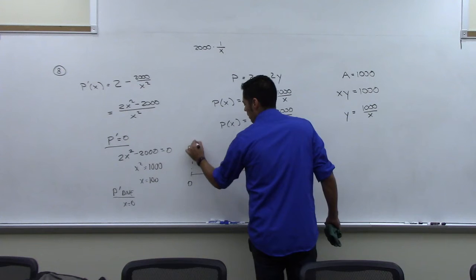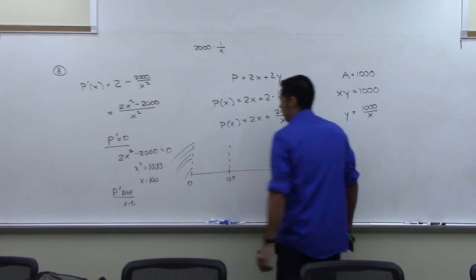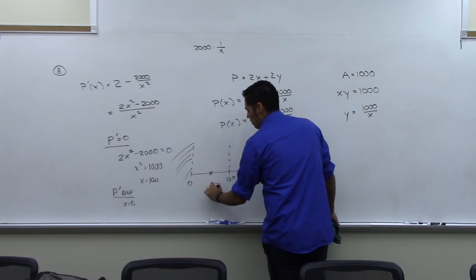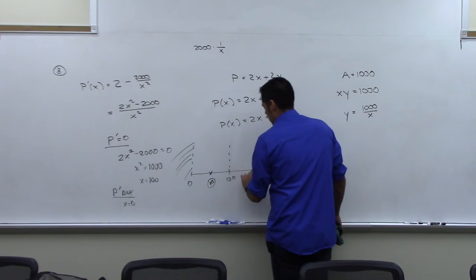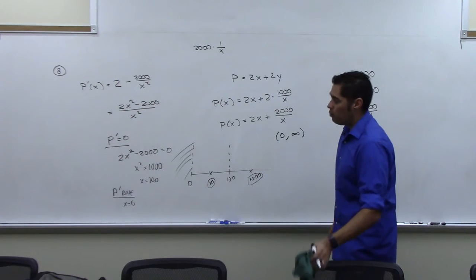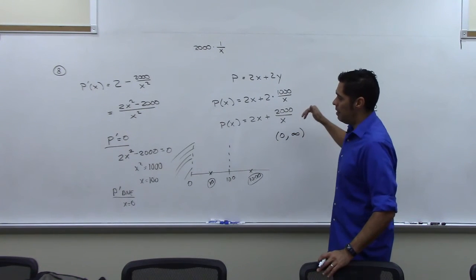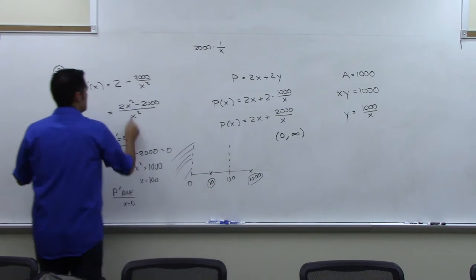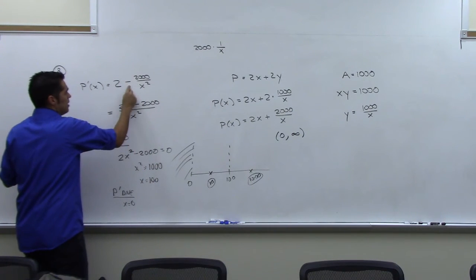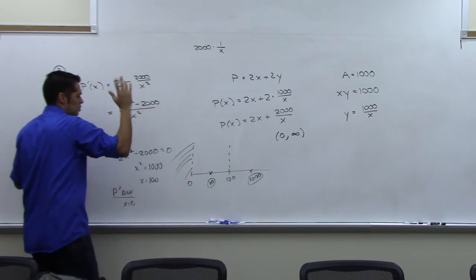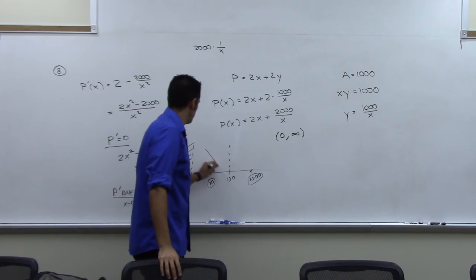On a number line, I put my 100 here, and I would normally want to put 0 here, but the function isn't even defined over there, so I don't need a test point over there. So here, pick something like 10. Here, let's pick 1,000. Let's plug those into the derivative, and what I'm hoping for is that it's going to go down then up. So if I plug in 10 into the derivative, 2 minus 2,000 over 10 squared is 100, so 2,000 over 100, that's 20. 2 minus 20, that's a negative number.